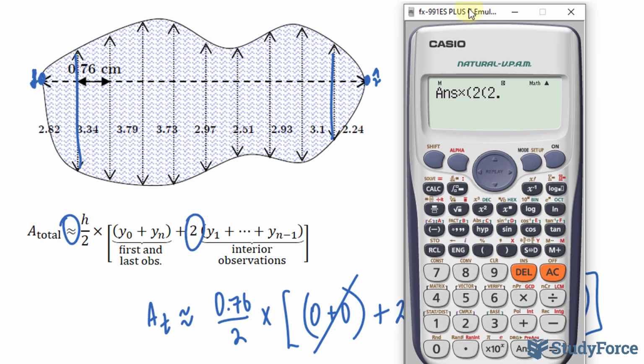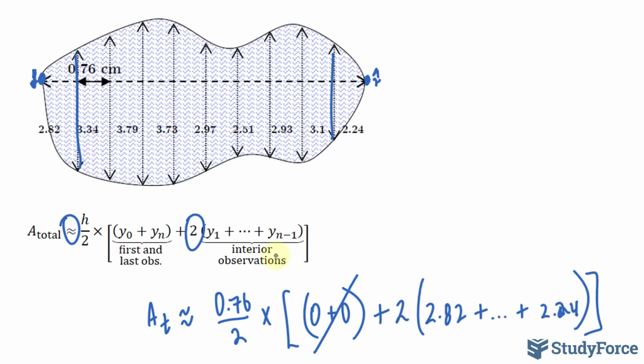So 2.82 plus 3.34 plus 3.79 all the way to 2.24. Here's what it looks like. And finally, 2.24, close bracket, we end up with the following.